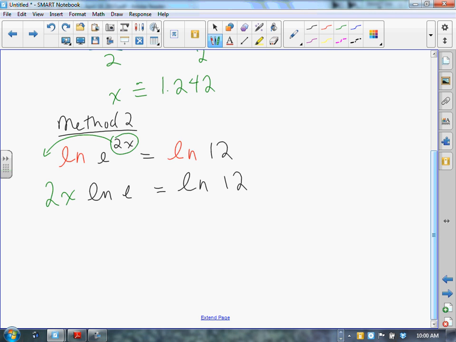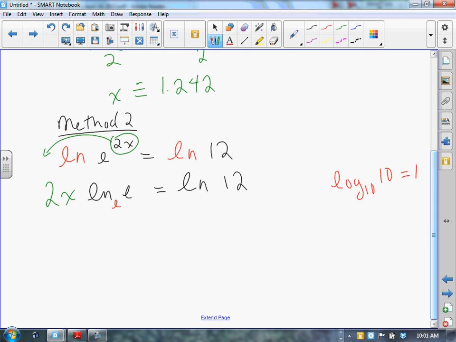Okay. Well, when you take the natural log of e to its own base, any suggestions on what you think that's equal to? It's equal, exactly. It's equal to 1. It's kind of similar to, remember how the log of 10 to the base 10 was equal to 1?